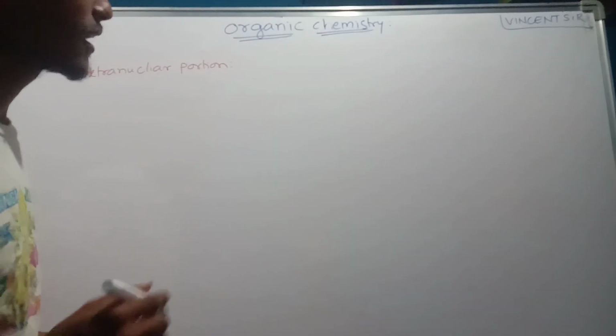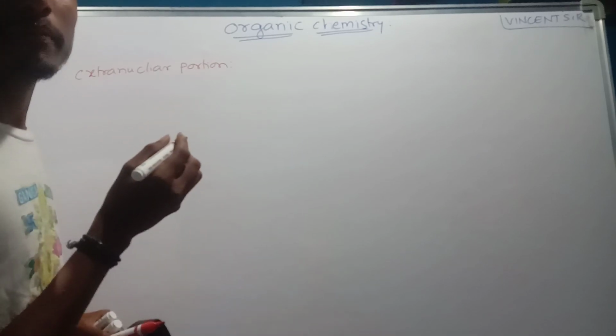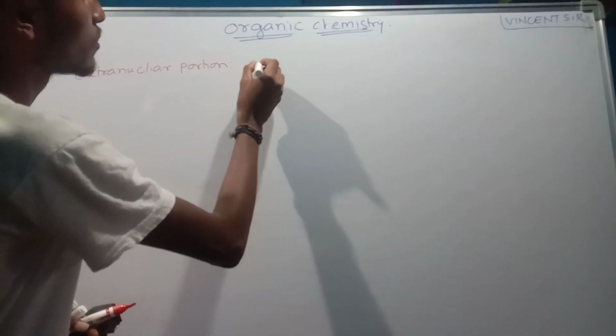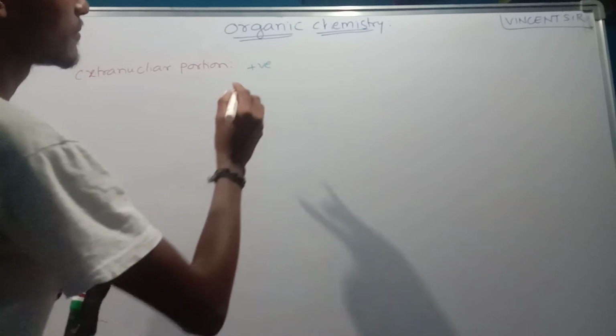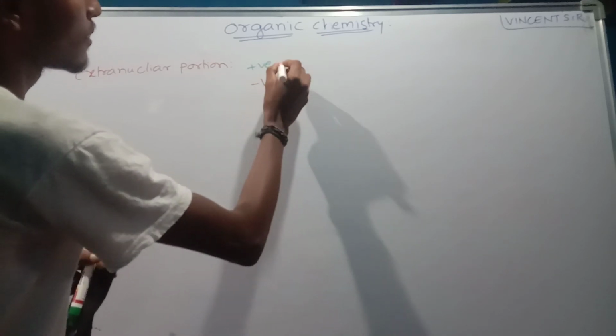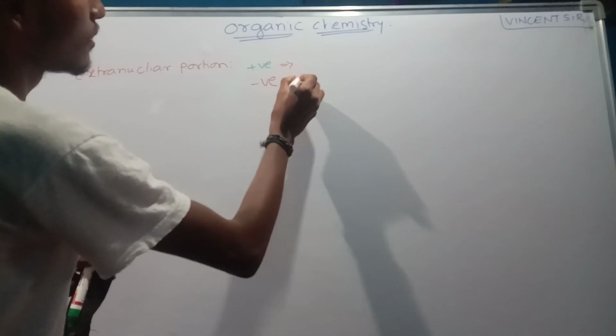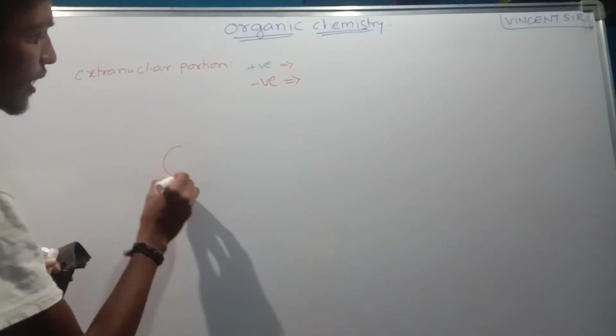And the electrons are commonly involved in chemical bonding when an atom becomes positively charged and when an atom becomes negatively charged. Let's consider this is an atom.